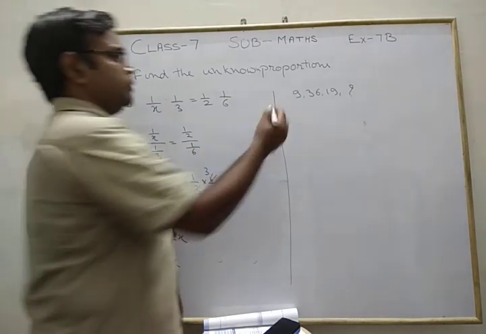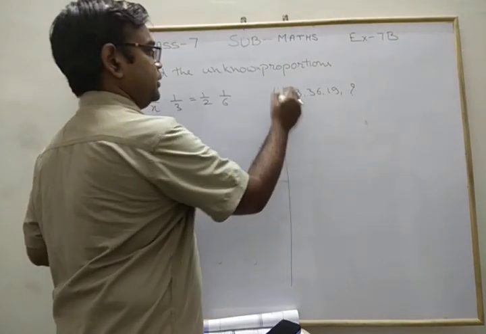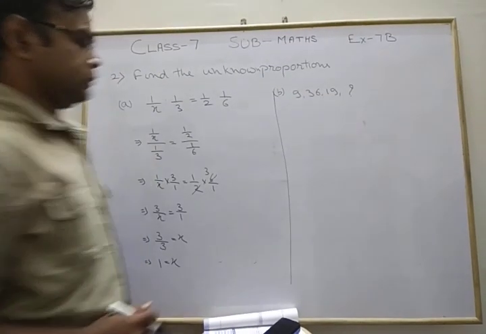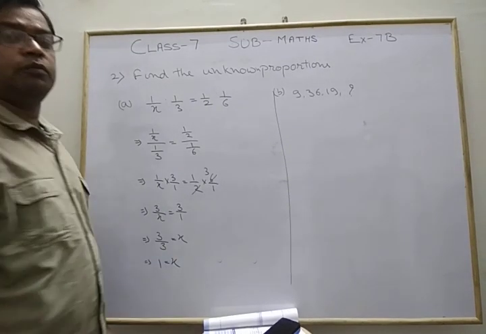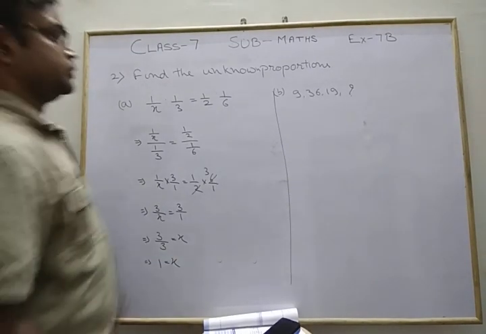Now in part B, it is given to find the fourth one. So how do we solve? We assume that the fourth proportion is x.